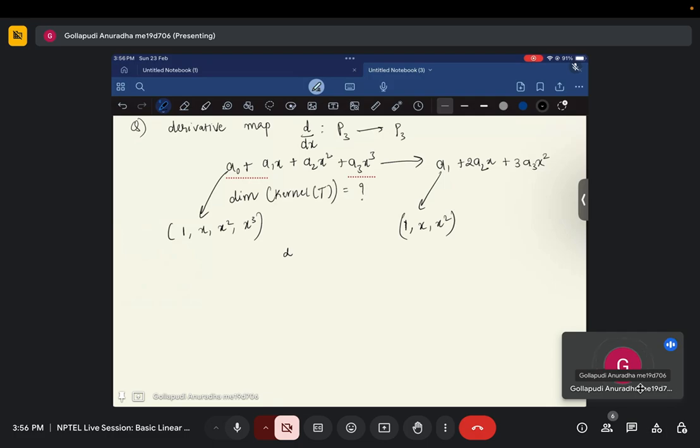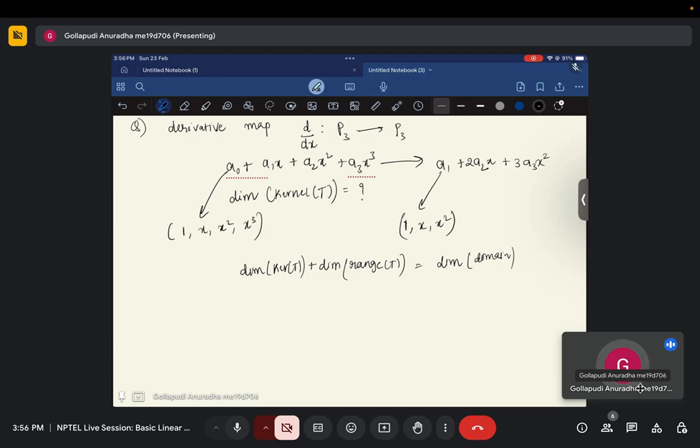Okay, so the dimension here we have is 4, right? Dimension of kernel plus dimension of range is dimension of domain basically.